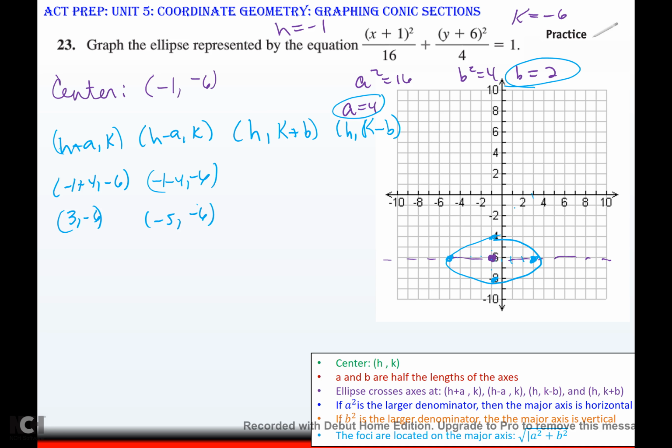And sure enough, negative 5, negative 6, there's my other vertex. And guess what's going to happen when I do this? I'm going to get that one, and I'm going to get that one. So again, do the math if you want to, but this is just going to be this way from the center, and this is going to be above and below the center.